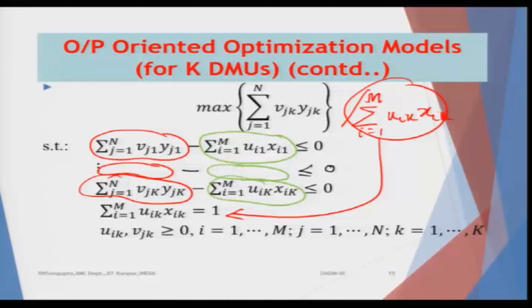The first one will correspond to the bundle of inputs for the first DMU, the 11th one for the second objective function will be the bundle of inputs for the second DMU, and henceforth till the last one, which is the 10th optimization problem, the 11th constraint would basically be the constraint that the bundle of inputs for the 10th one is equal to 1.